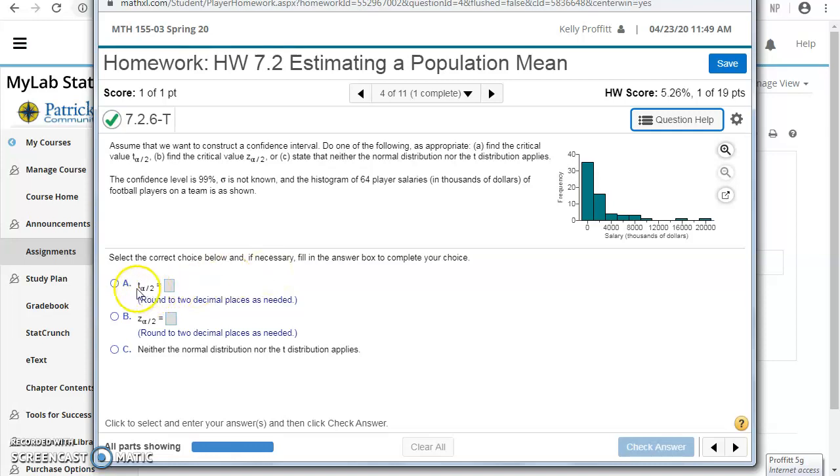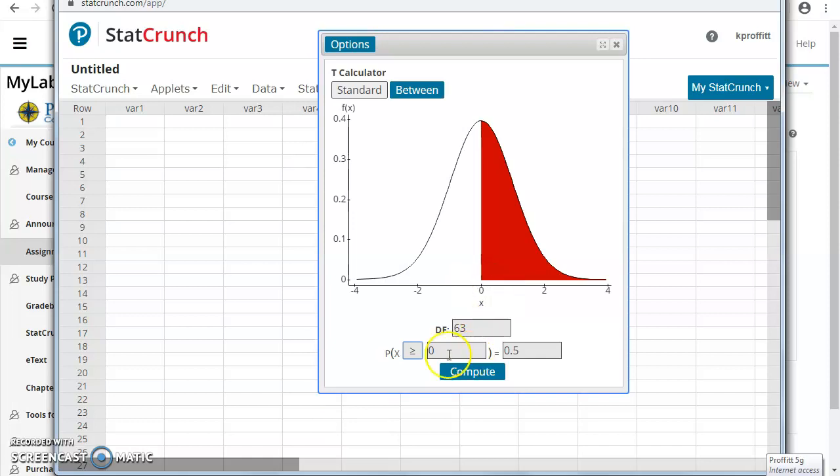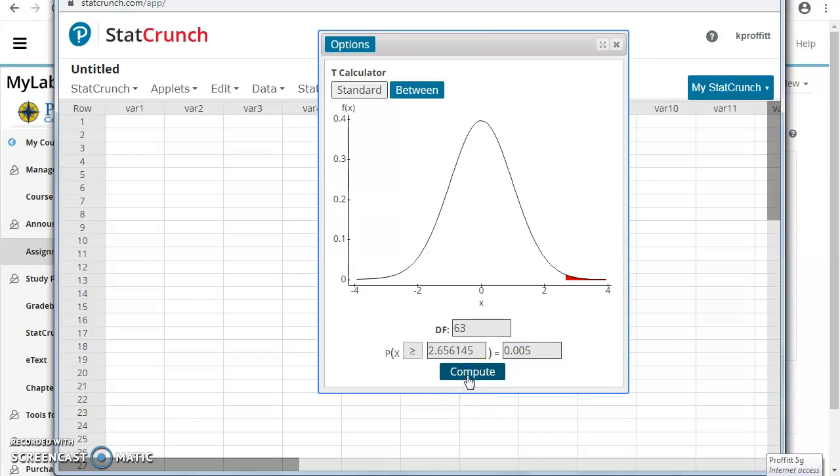So I'm looking for the t sub 0.005. All right, so let me go back. So we want the area to the right of our t-score to be 0.5%, which is 0.005. Okay, and our degrees of freedom is 63, so we'll click compute.